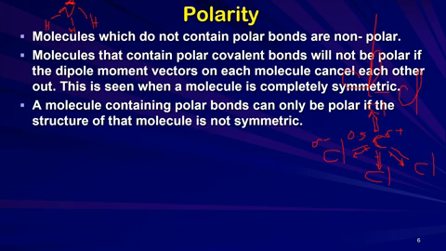Another way of understanding this better is to consider where we have the center of negative charges. The negative pole is here on nitrogen, which is more electronegative, and the center of the positive partial charges on each hydrogen will be where?